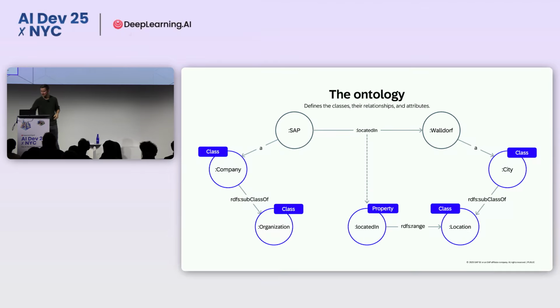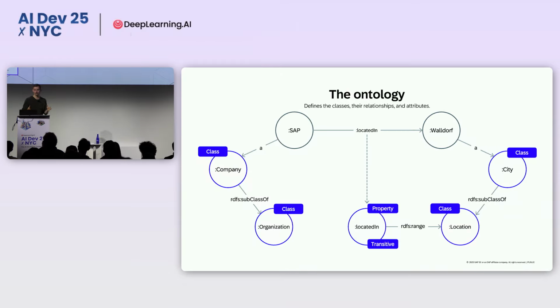And in addition, we could say, for example, that located in is a transitive property. And then by knowing that SAP is located in Walldorf, and Walldorf is located in Germany, we can infer that SAP is located in Germany without this fact being explicitly stated in the knowledge graph. So with these two main key components, these facts and the ontology, we then build our knowledge graph.